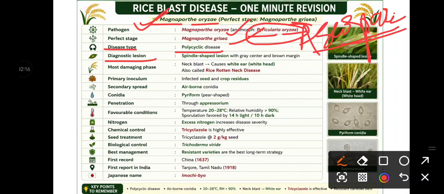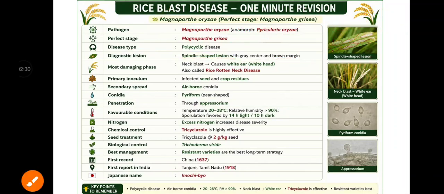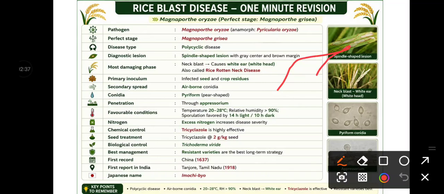Next, the diagnostic lesion. The characteristic symptom produced by rice blast is a spindle shaped lesion with grey center and brown margin. See, here the photo is there. You can say diamond shaped, spindle shaped, eye shaped or boat shaped lesion will be there, with tapering ends at both sides.